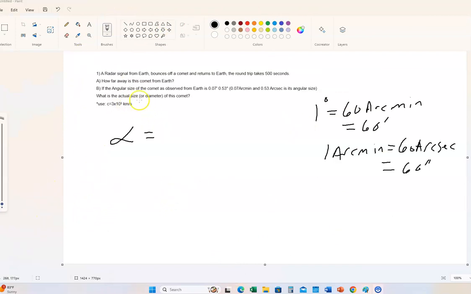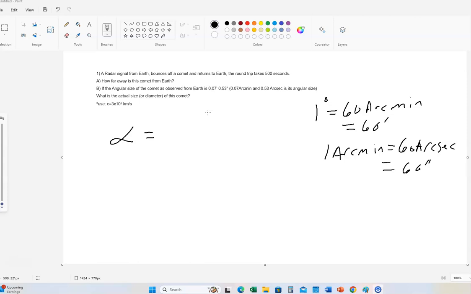Pause this. For the second part, it says that the angular size of the comet as observed from Earth is, and the way this part reads is 0.07 arc minutes and 0.53 arc seconds.